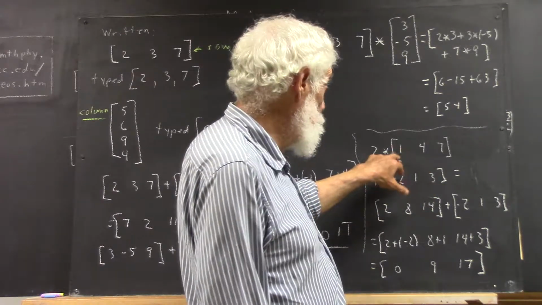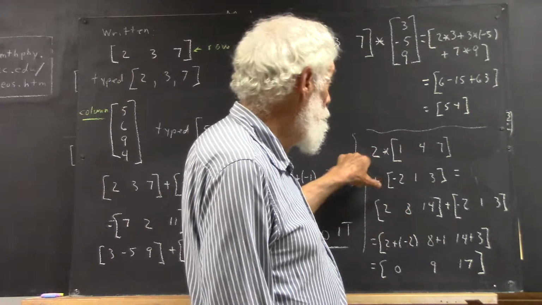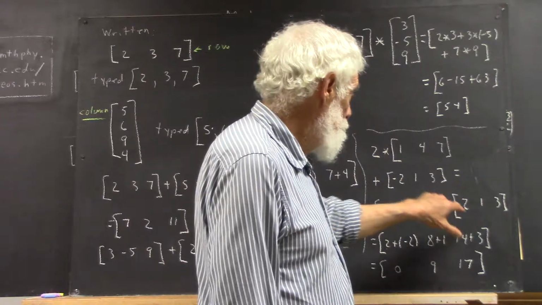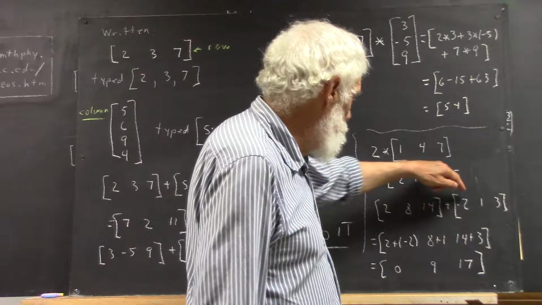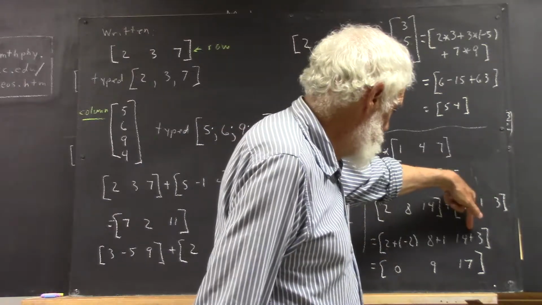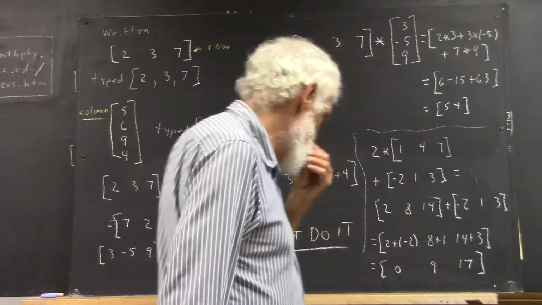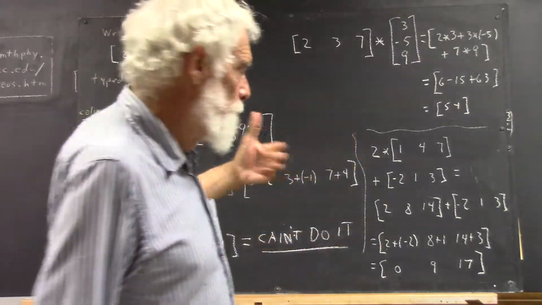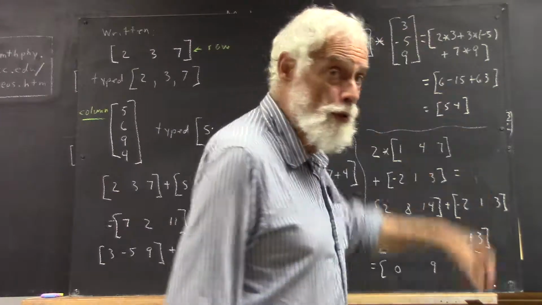We just multiply 2 by every one of these numbers. 2 times 1 is 2, 2 times 4 is 8, 2 times 7 is 14, and to that we add the second row, -2, 1, 3. So we get 2 and -2, 8 and 1, 14 and 3, giving us 0, 9, and 17. So that's arithmetic of rows, and arithmetic of columns is very similar, and we have the arithmetic of multiplying a row by a column.